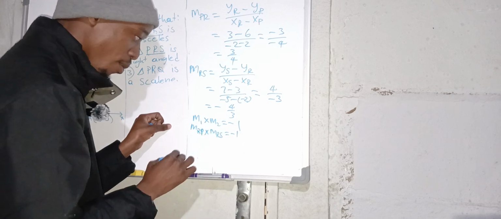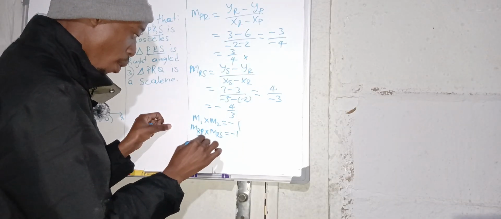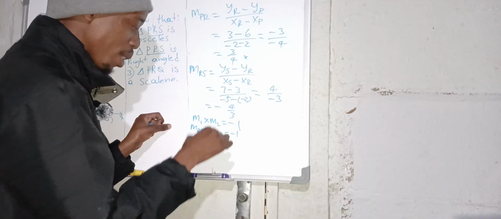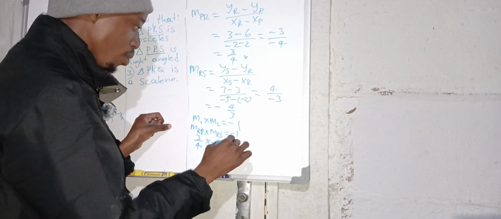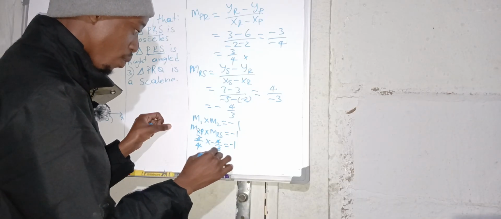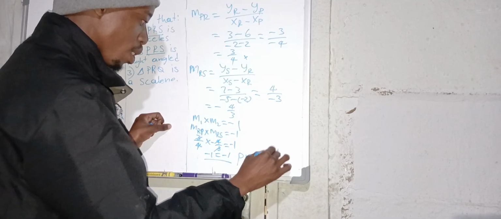They need to give me negative 1. On top is 3 all over 4, multiplied by the gradient of RS, which is negative 4 over 3. So 3 cancels 3, 4 cancels 4. I have negative 1 equal to negative 1.